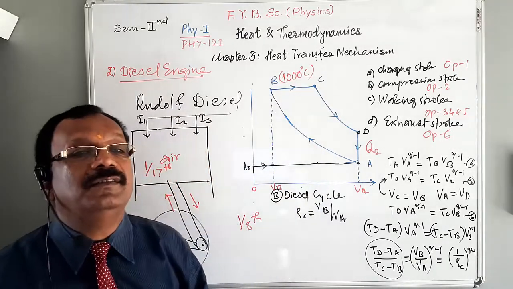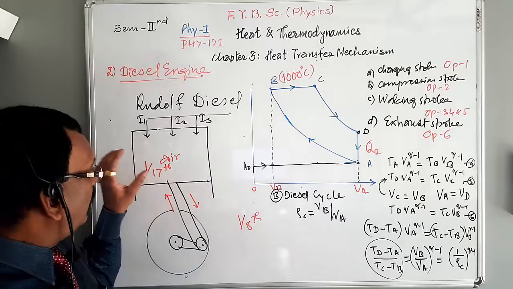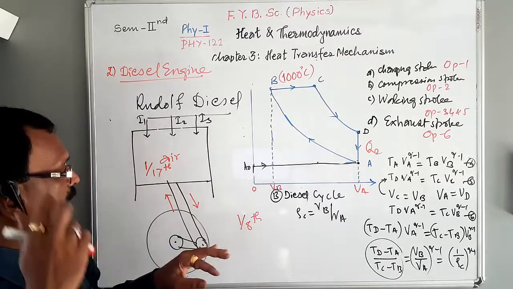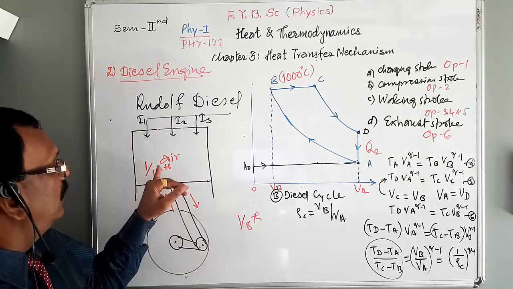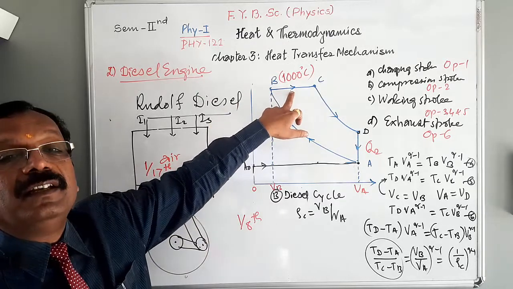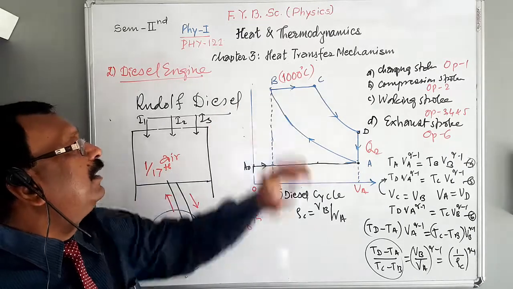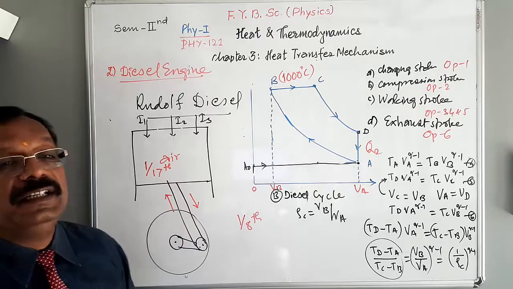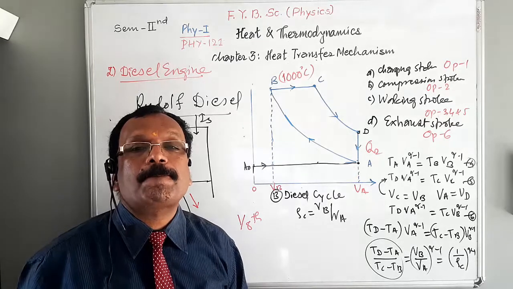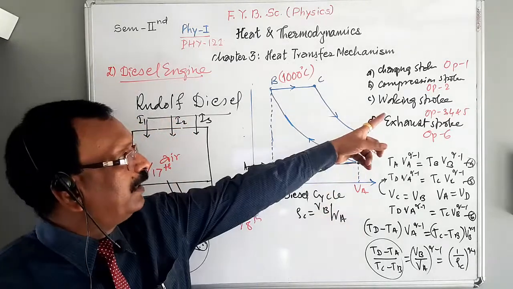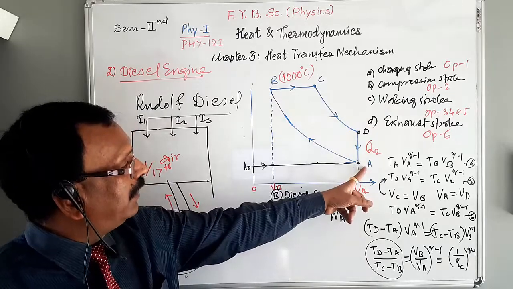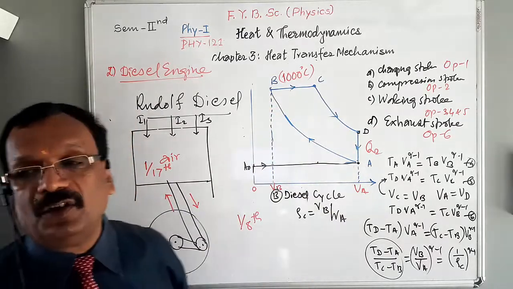What I say? As the compression ratio compared to the Otto engine is large, the air attains a temperature of about 1000 degrees Celsius. And this operation number 2 is represented by the curve AB on this cycle.